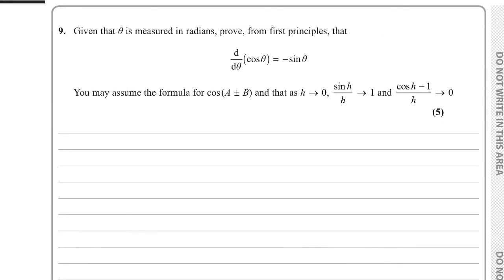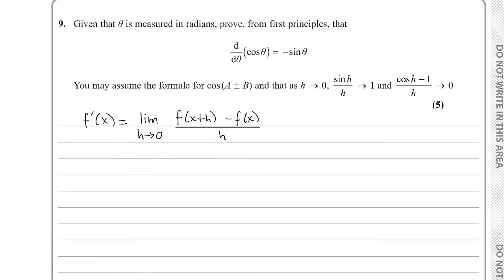Question 9. It's on proving from first principles the derivative of cos theta being negative sine theta. Recall that f dash of x is the limit as h tends to 0 of f of x plus h minus f of x over h. This is actually given in the formula booklet.